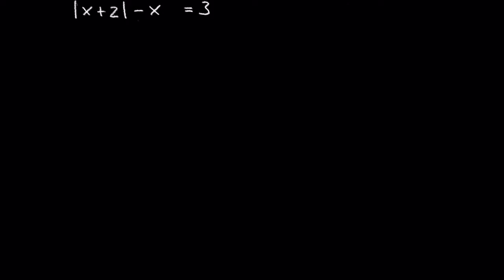Let's say we have the equation the absolute value of x plus 2 minus x equals 3. Before we start, we have to make sure that the absolute value stands alone by itself on one side of the equation. How do we do that? We can add x on both sides. Minus x plus x is 0.